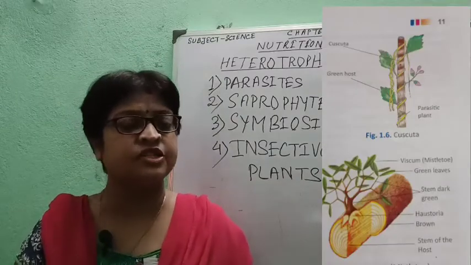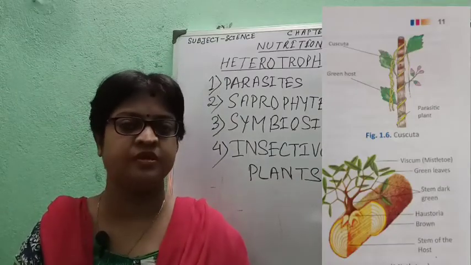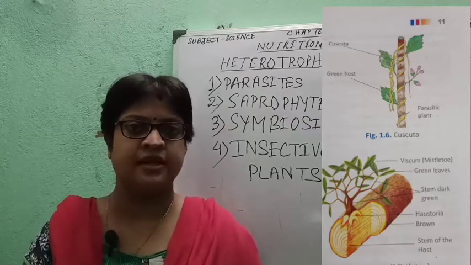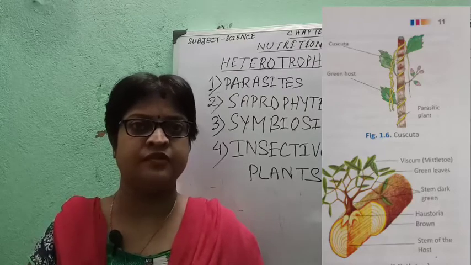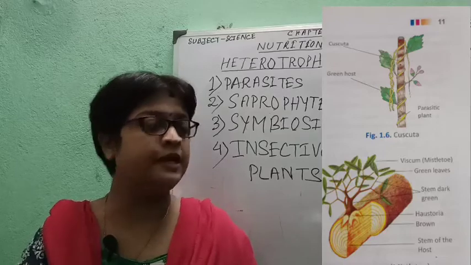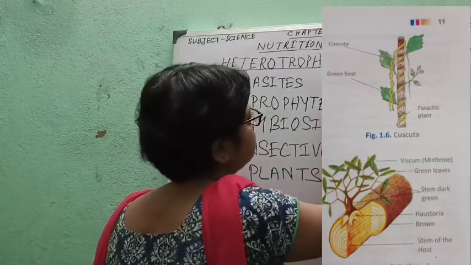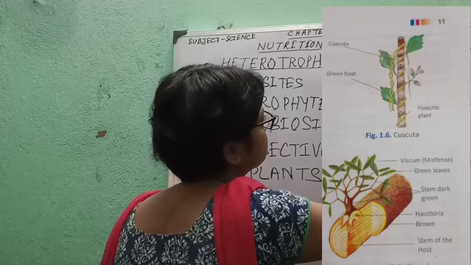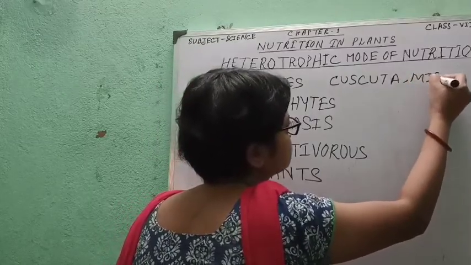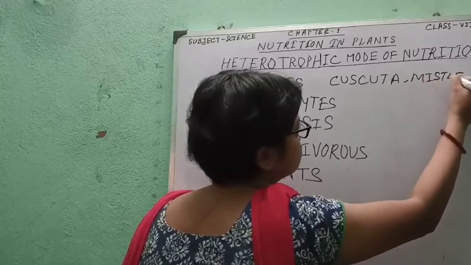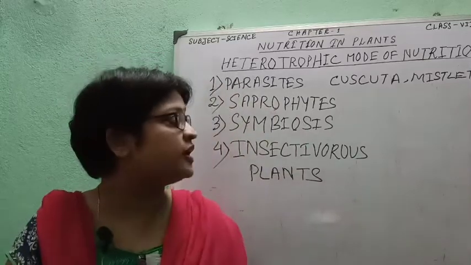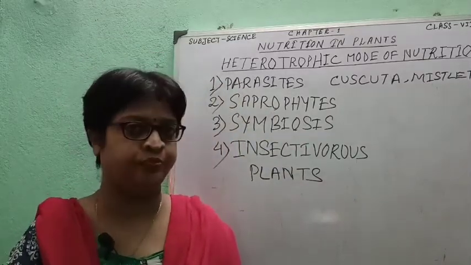Let's discuss the first one, parasites. Parasites are animals or plants that obtain their food from other organisms. Example, Cuscuta and mistletoe.